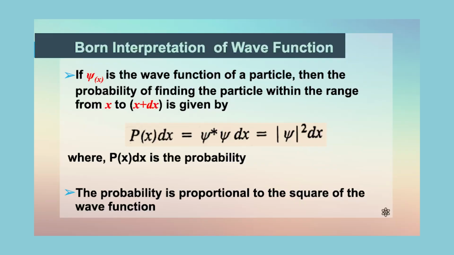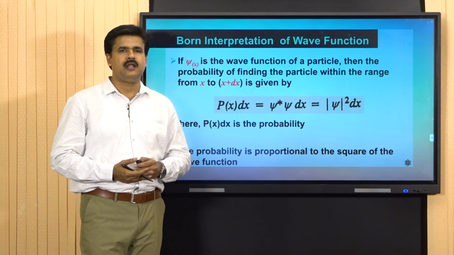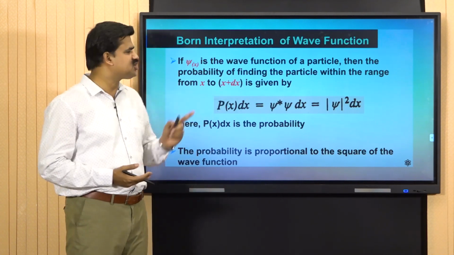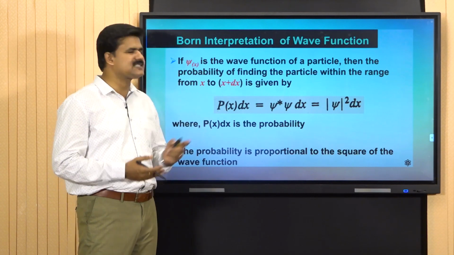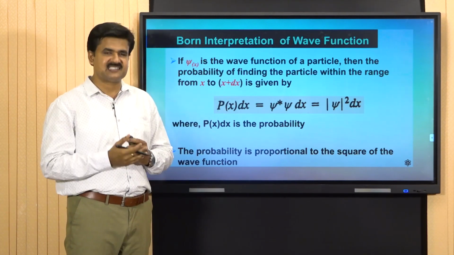If psi(x) is the wave function of a particle which is present along the x direction, then consider the probability of finding the particle within the range from x to x plus dx, where dx is a small element along the x direction.